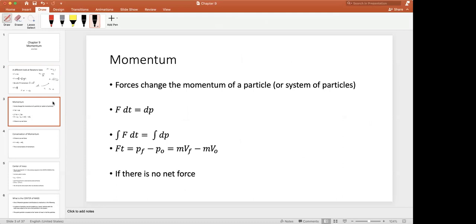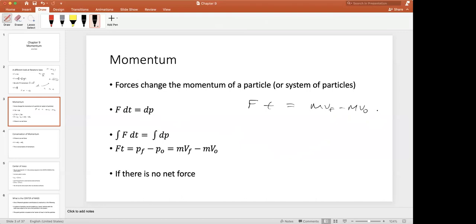The momentum stays constant unless acted upon by a force. And force is the rate of change of the momentum of an object. From this, as I said, if we move dt to the opposite side of the equation and integrate, we get that the force times time is equal to the change in momentum.